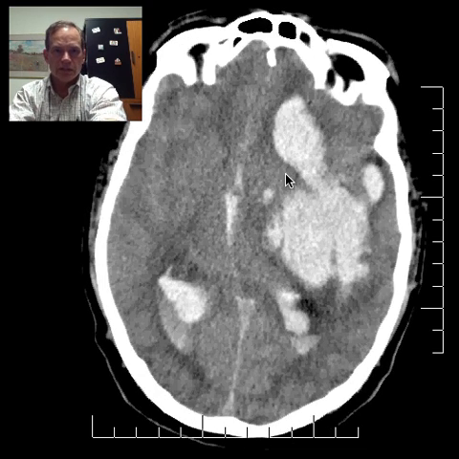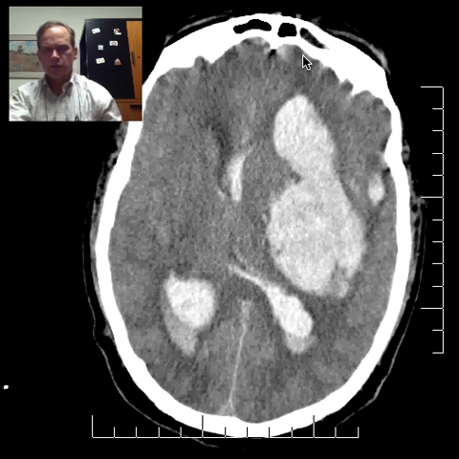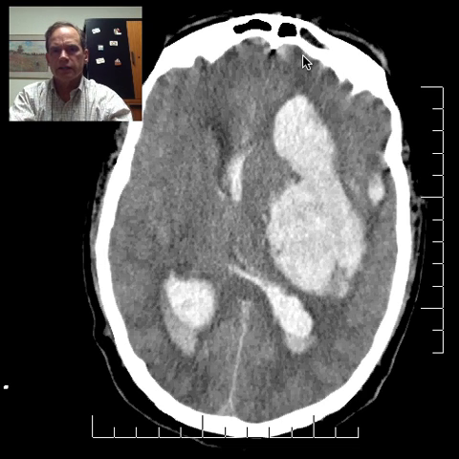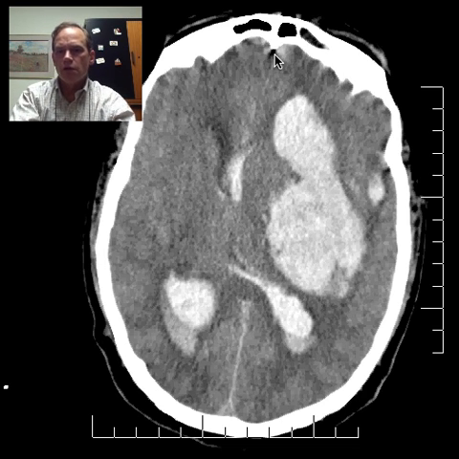We know there's mass effect, and always when there's hemorrhage and mass effect like this, it's important to measure how much midline shift there is.